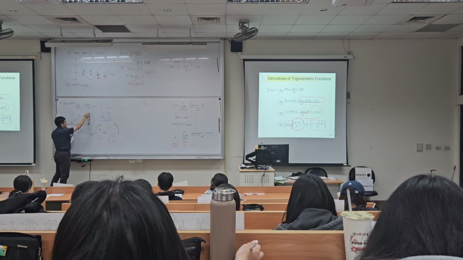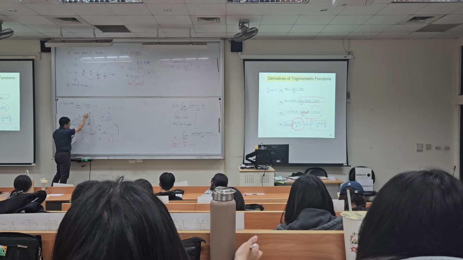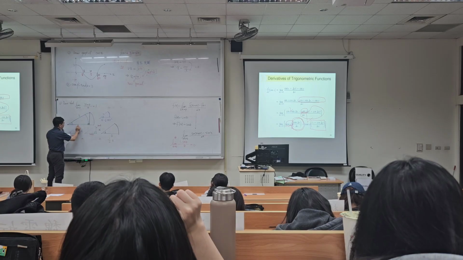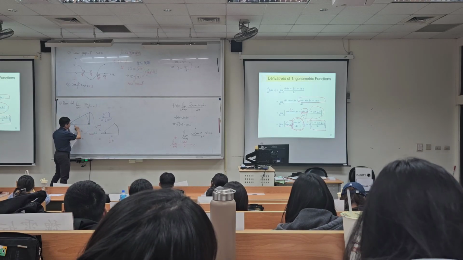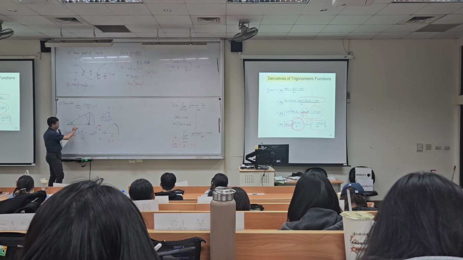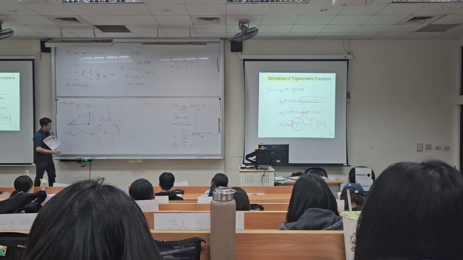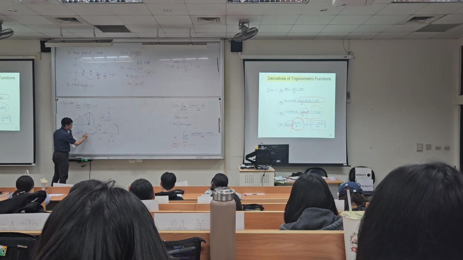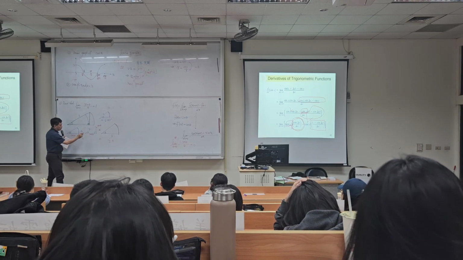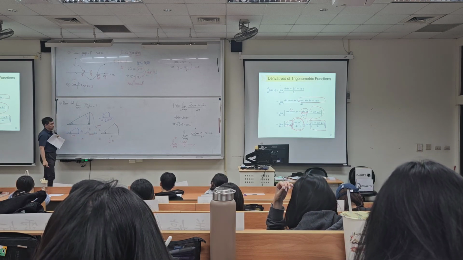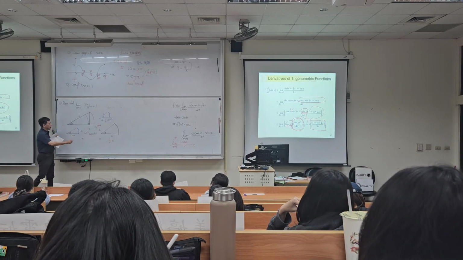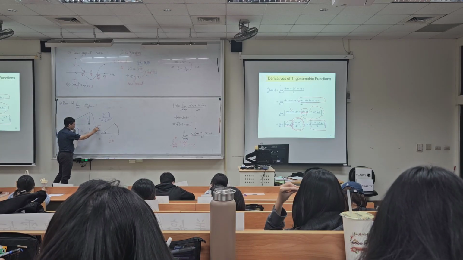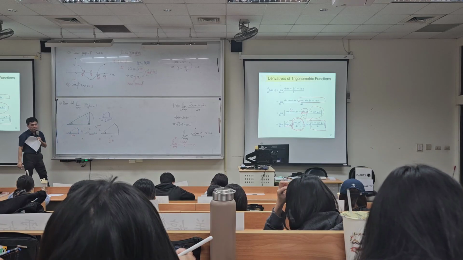At this point, I draw a perpendicular line downward. So look at the triangle inside. The triangle's area will be the base multiplied by the height. This green triangle lies inside, so it is smaller. The hypotenuse is 1 and the angle is theta, so the opposite side is sine theta and the adjacent side is cosine theta.